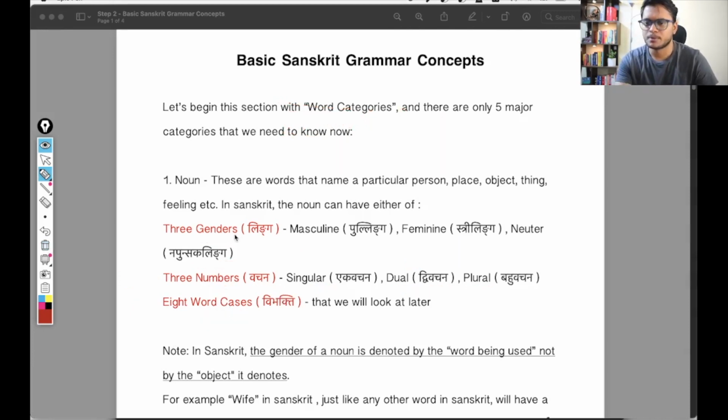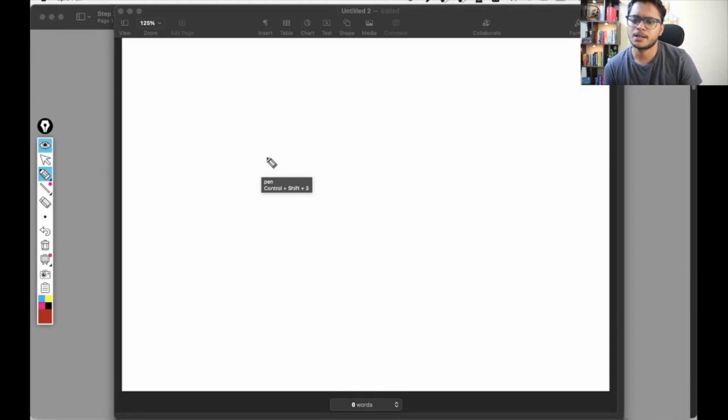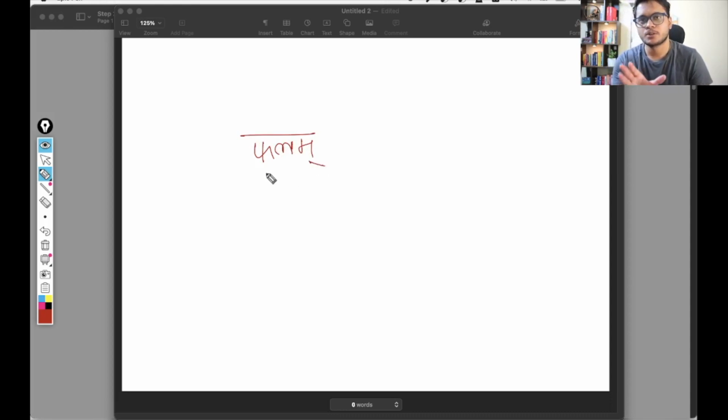So for example, suppose I write this word, phalam. You will encounter this word somewhere in Sanskrit text. As I said, this will tell you three properties. What is the first property? Gender.